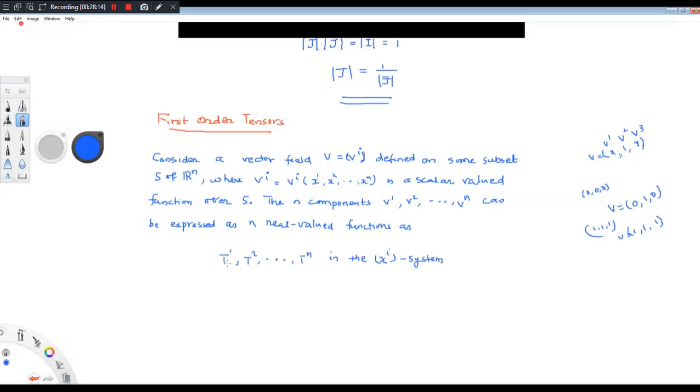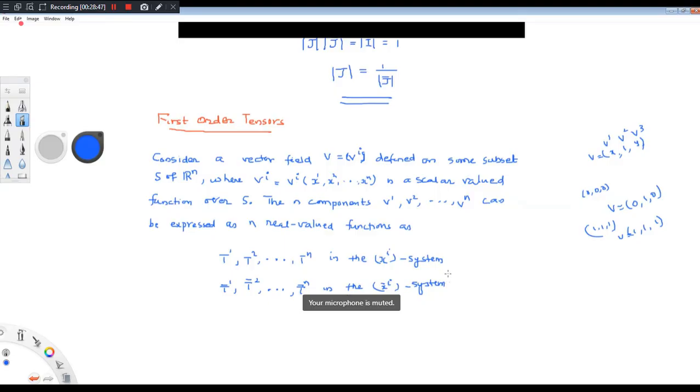So V1 I denote by T1, V2 by T2, etc., Vn by Tn. And T bar 1, T bar 2, etc. T bar n in the x bar i system. These are coordinates, two coordinate systems.